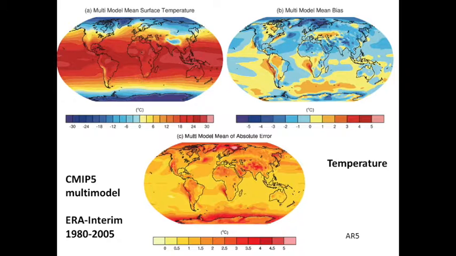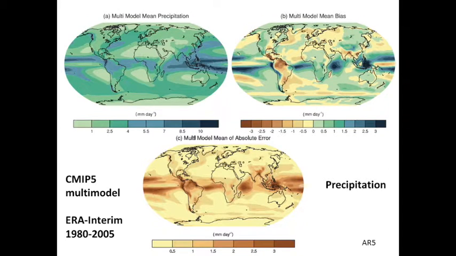There are some differences between the observations. If you get ERA-Interim, if you get NCEP reanalysis, if you get another kind of reanalysis, there are some differences among them. So for precipitation, here's the same kind of analysis.